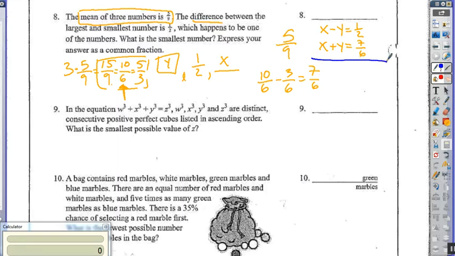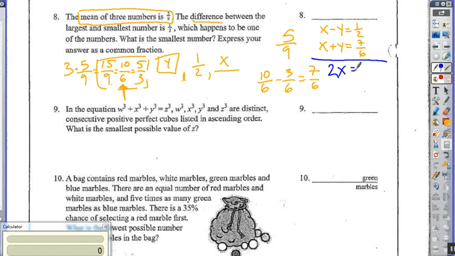So let's go ahead and add them straight down. I end up with x plus x, which is 2x. Negative y plus y is 0.